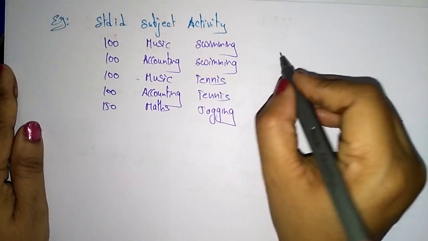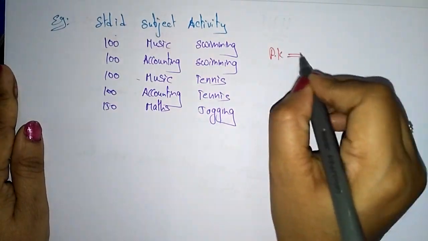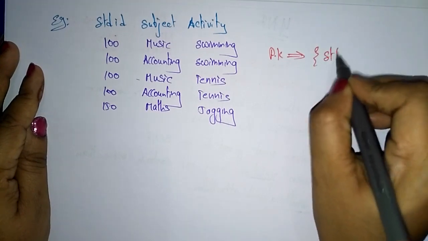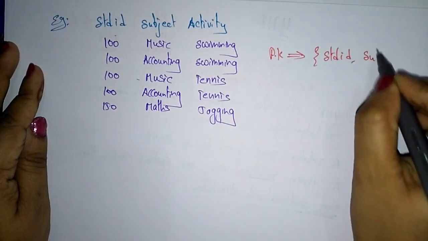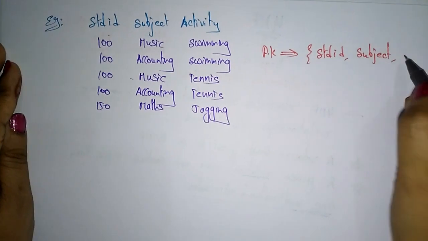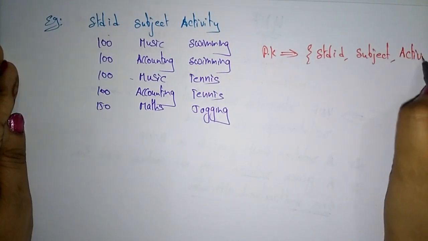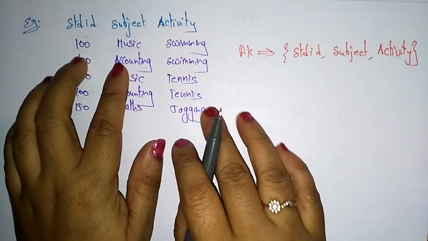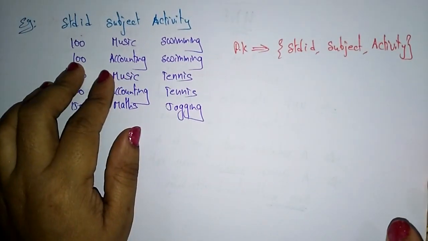The constraint here is the primary key. The primary key for this table is student ID, subject, activity. I am taking these three attributes together as the primary key.